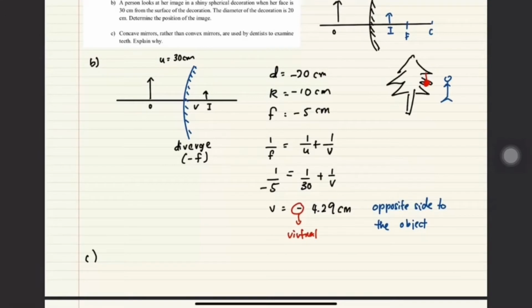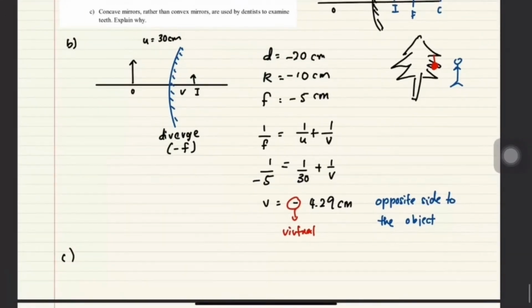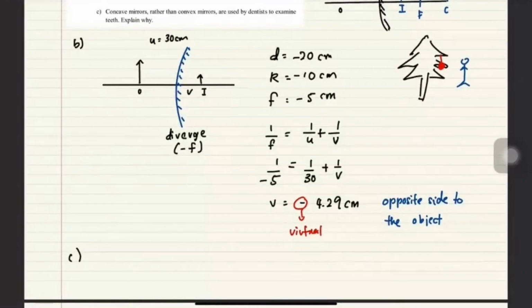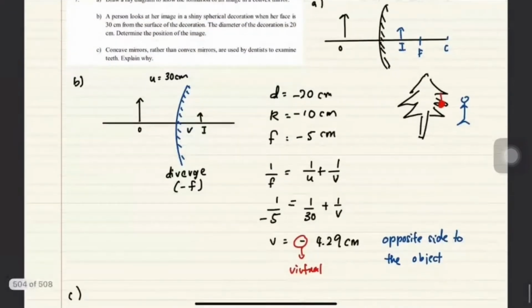Yes, sir. Okay, yang C pula, dia kata concave mirror, rather than convex mirror, is used by dentist to examine the teeth. Explain why. Kenapa kita pakai concave mirror? So, bila kamu sebagai dentist, kamu nak tengok gigi. So, logically, you want the image to be bigger ke smaller? Bigger, right? So, that one particular characteristic rules out convex punya mirror.